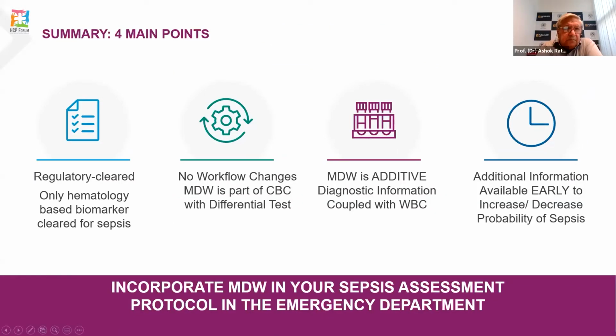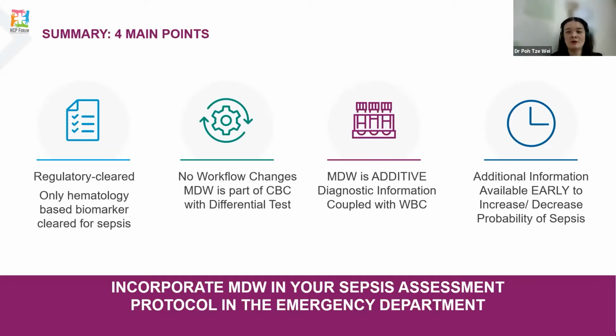So in summary, I still want to come back to my 4 main points. MDW is a first of its kind hematology-based biomarker that was cleared by the FDA and European authorities for sepsis detection in emergency departments. MDW is available as part of the complete blood count differential, which is already routinely utilized for patients presenting to the emergency department, especially those suspected of infection or sepsis.